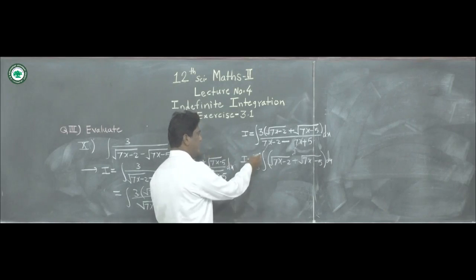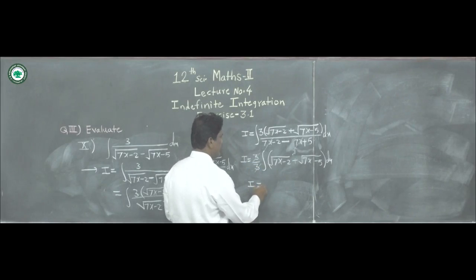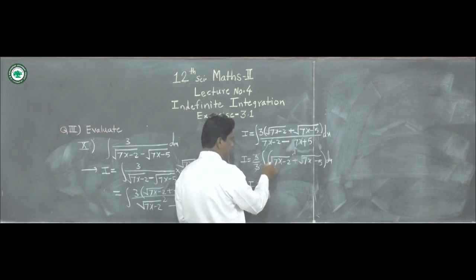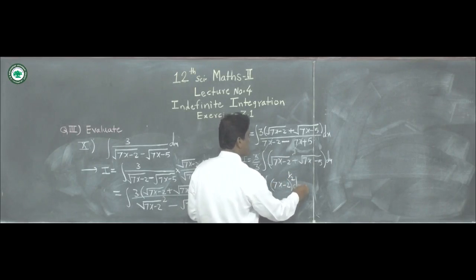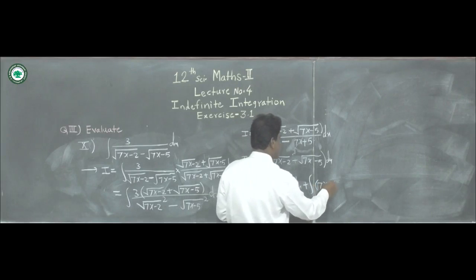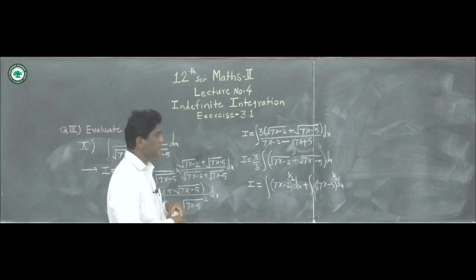Now this 3 and 3 get cancelled and therefore I is equal to integration of, now separate the integrations and write root as power 1/2. So we get here (7x minus 2) to the power 1/2 dx plus integration of (7x minus 5) to the power 1/2 dx.